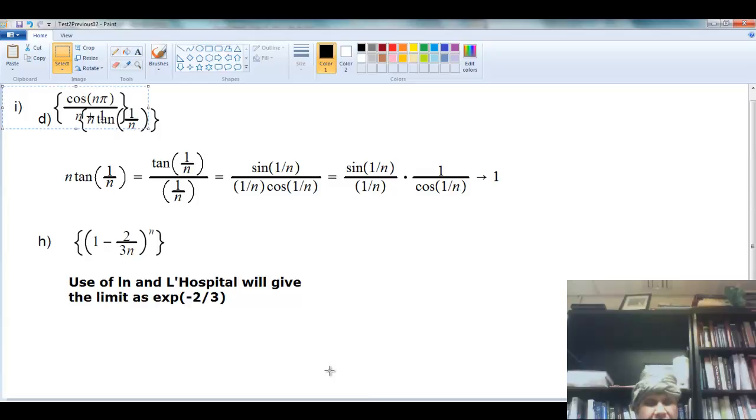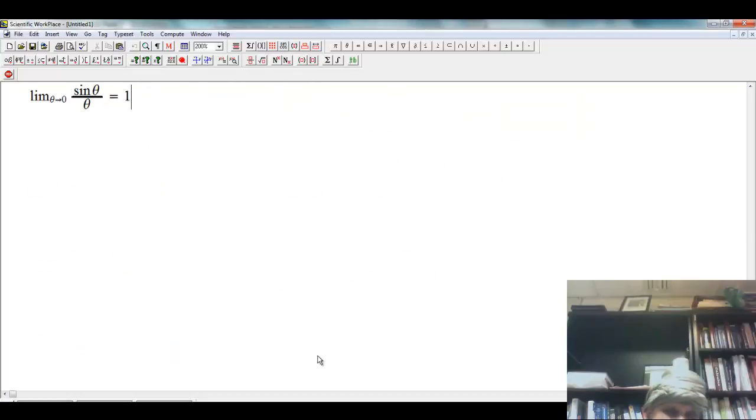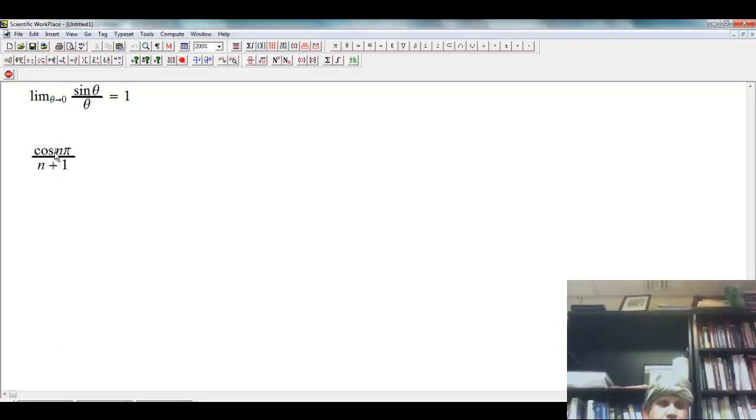It's just pronounced L'Hopital, and you can call it L hospital, nothing wrong with that. The limit is e to the negative 2/3. Makes sense?